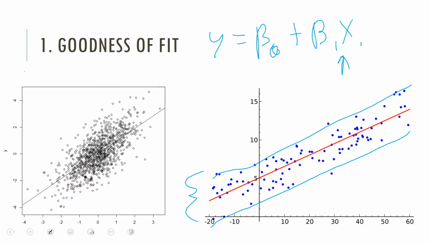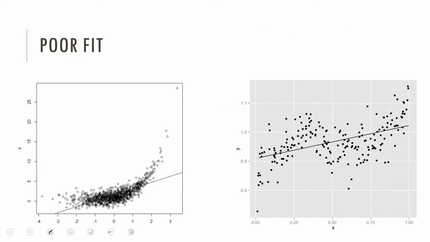Well, what does a poor fit look like? Well, this is what it looks like. So we've got these data here that are very obviously curving upward, right? Not good. This straight line that we have is legitimately calculated but not doing a good job.